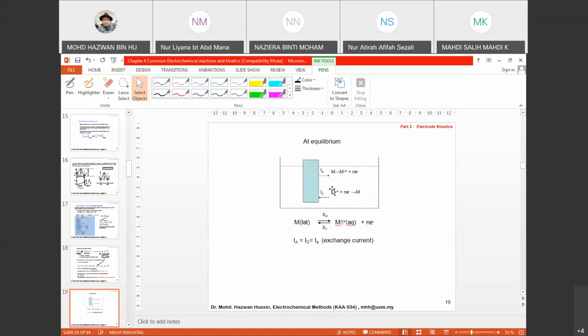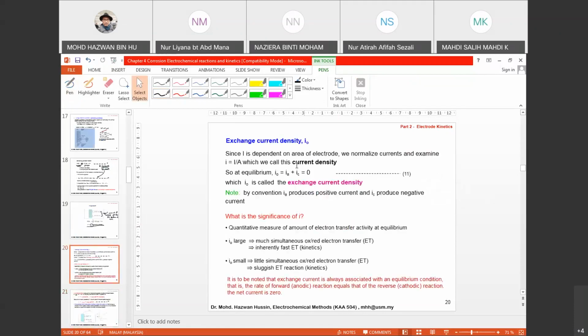So at equilibrium you have an equal amount of forward reaction and an equal amount of reverse reaction, with an equal amount of current produced for the forward and reverse reactions. Then the total current, the exchange current, is equal to I naught. I naught is known as the exchange current density.